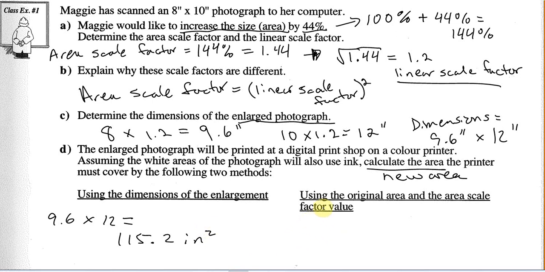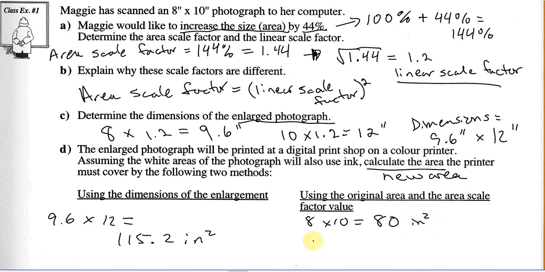The other method of doing that is to take the original area and, using the area scale factor, determine the area of your enlarged photograph. So our original area was 8 by 10 inches, which means 80 inches squared.